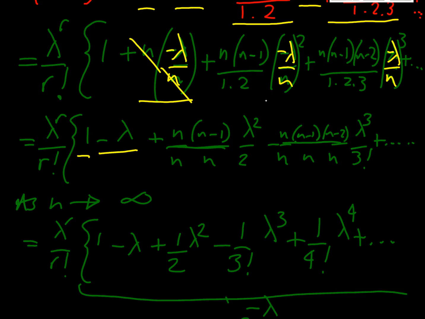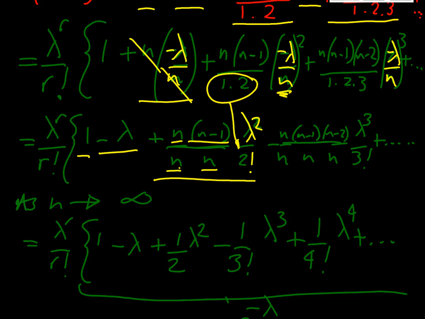Now, using the trick we used before, we can move that 1 over 2 and put it in the third term, effectively under the lambda squared, and we've got an n squared on the bottom here, so we can break it up and create n over n and (n minus 1) over n. And what's going to happen to that? Well, we know once again that as n tends to infinity, this lot's going to tend to 1.